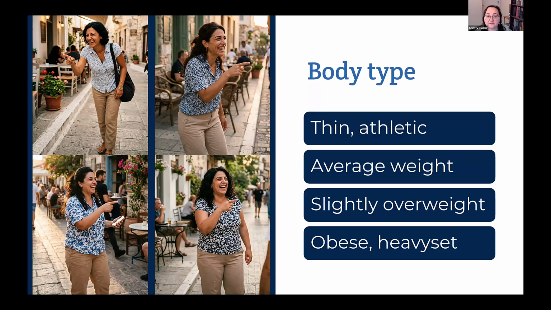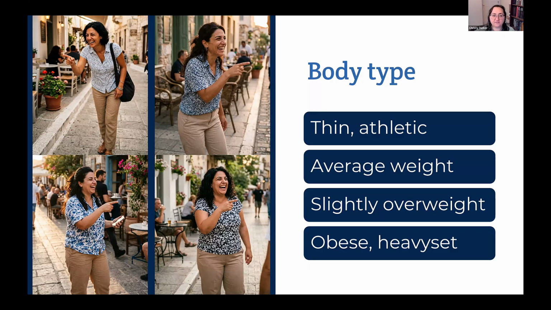I'll put this prompt in the chat so you can see what I did here, right? In this case, I did not use editorial photo. I did candid iPhone photo, which is another option. So you can see how I described her and the structure I used for this.